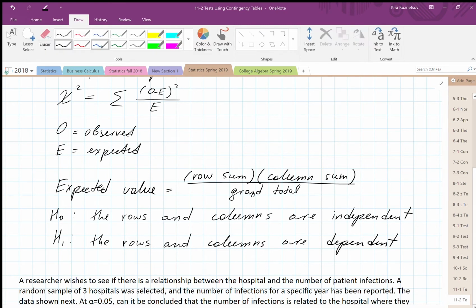So I'd like to underline these two words. The null hypothesis should say the word independent. The alternative hypothesis should say the word dependent.